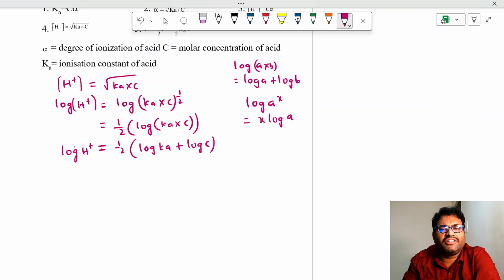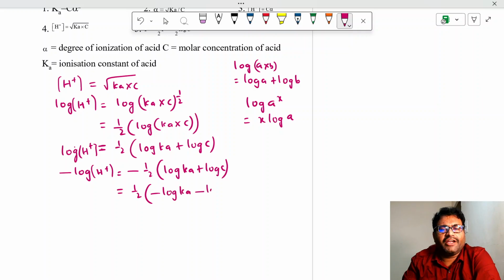So this is log H plus ion concentration. If I multiply with minus on both sides, then what do I get? Minus log H plus ion concentration is equal to minus half log Ka plus log C. So this can be written as minus half into minus log Ka minus log C. Okay, what did I do?